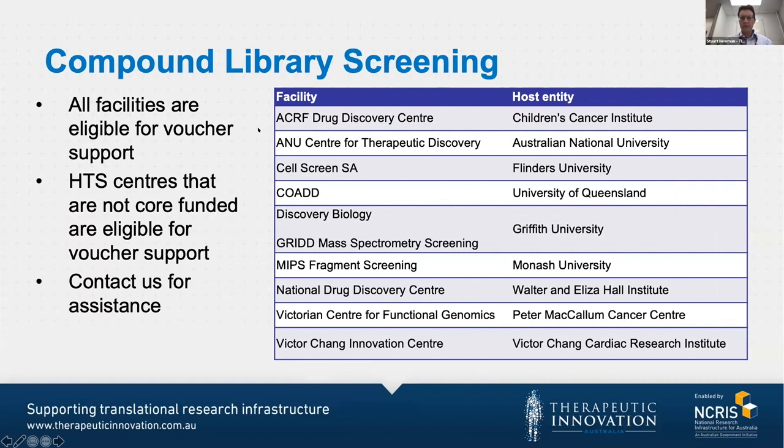Okay, so as Maree noted, after the pipeline for compound library logistics and handling, we support via a voucher scheme access to a national network of high throughput screening centers, and I just have a listing of them here, and they vary in their capability and capacity.